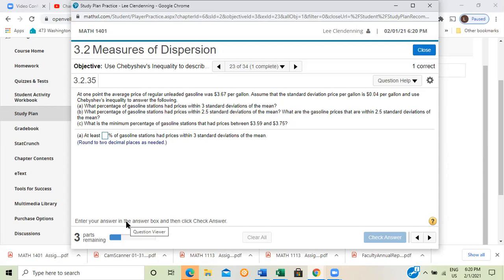Assuming standard deviation, we'll use S for that, is 0.04. And use Chebyshev's inequality to answer the following. A, what percent within 3 standard deviations of the mean.